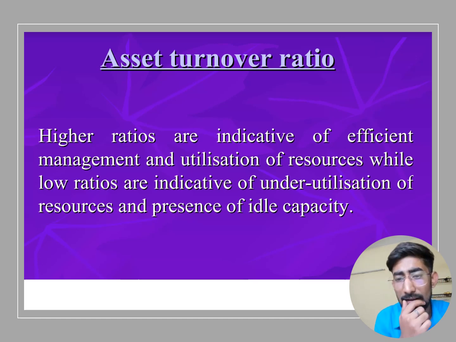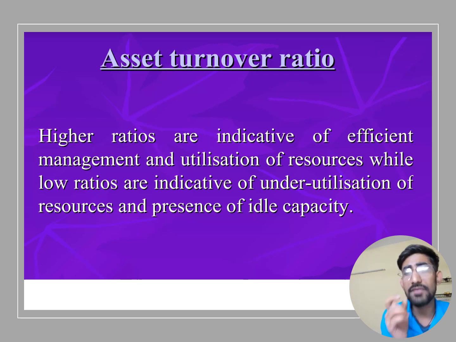Let's say in the total asset turnover ratio, if the ratio is higher, then it shows that your total assets are properly utilized and the company has performed the management task efficiently. But if your ratio is lower, that means your assets or resources are not properly utilized, they are underutilized, and there is a presence of idle capacity.